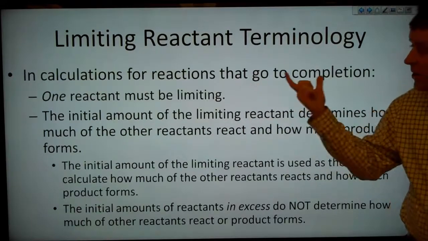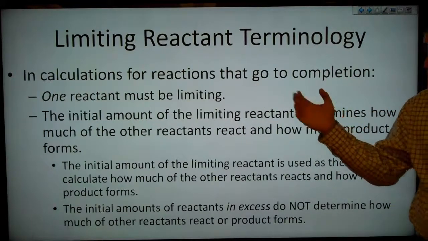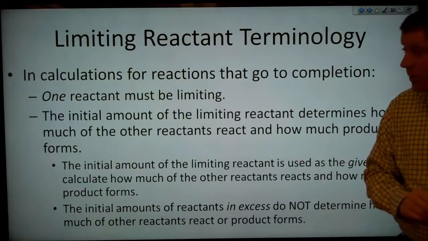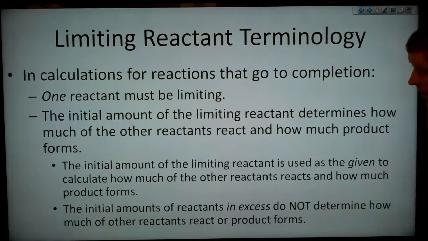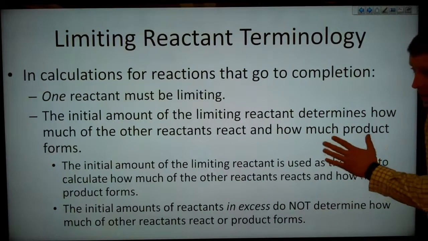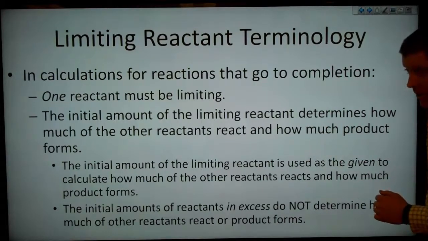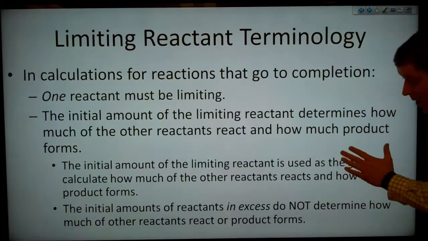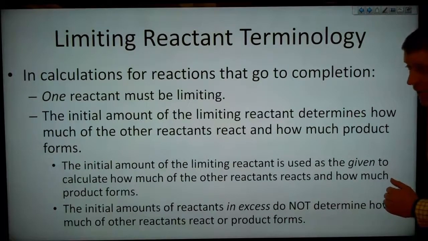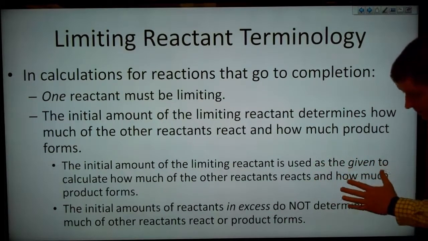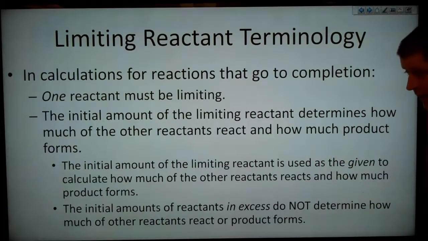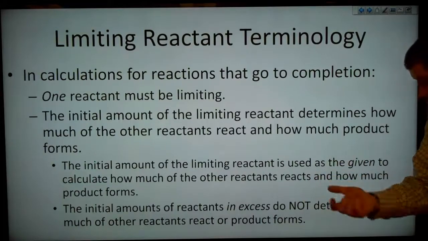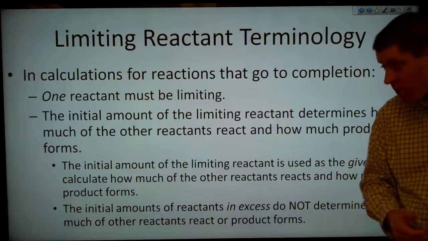So, in calculations for reactions that go to completion, one reactant must be limiting, and the initial amount of the limiting reactant determines how much of the other reactants actually react away and how much product forms. The initial amount of the limiting reactant is used as the given to calculate how much of the other reactants react away and how much of our product forms.